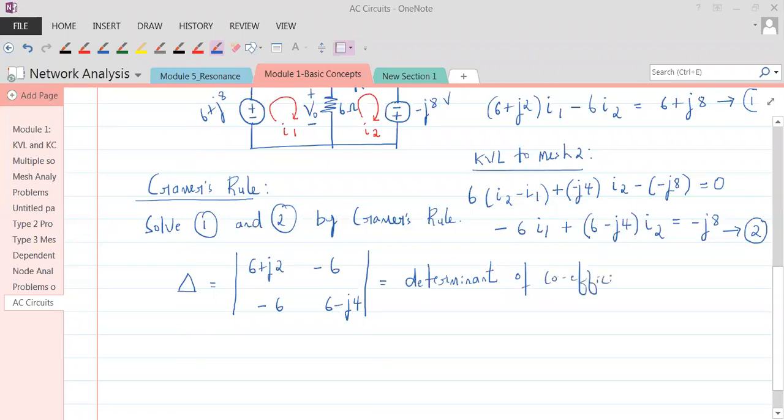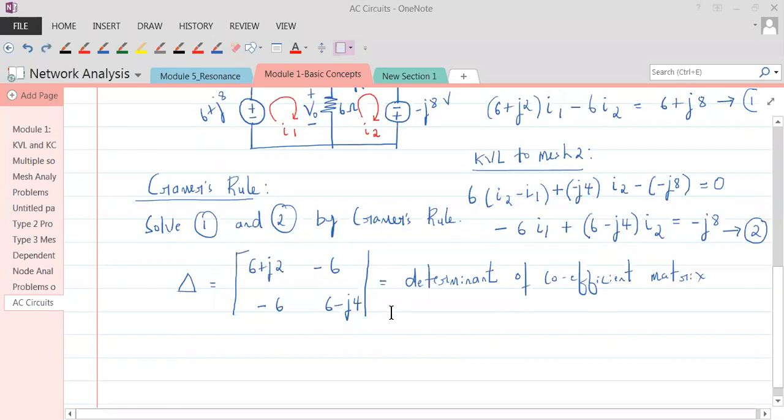What is the coefficient matrix? If you write this, this is the coefficient matrix. How did we write that? By taking the coefficients of I1, I2, I1, I2 from the two equations. But what we need is the determinant now. What is the determinant? This, having two lines here.